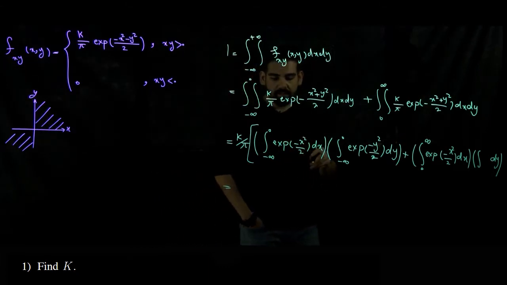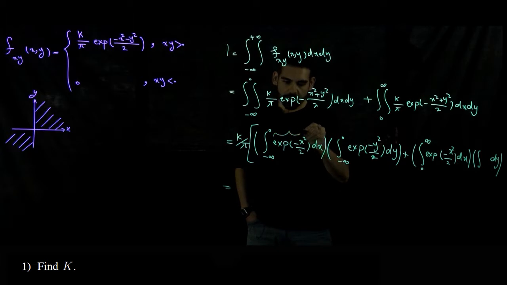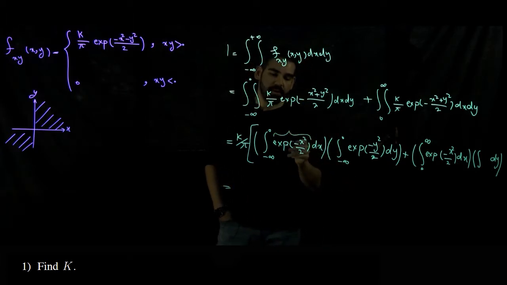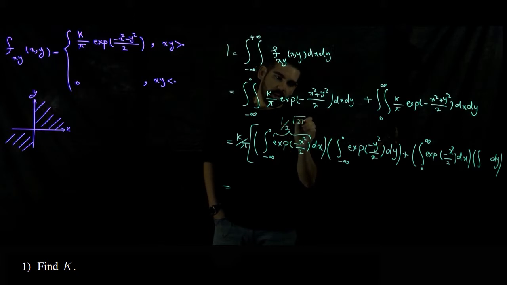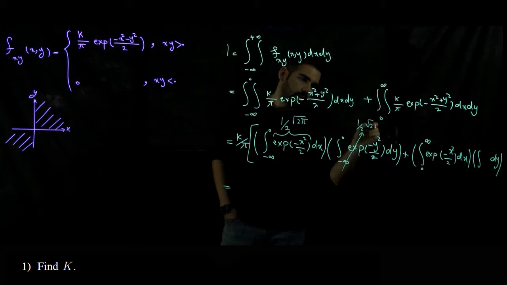To calculate this, note that this term here is a scaled standard Gaussian PDF, and it's integrated over half the axis. So from the Q function, we know that this equals 1 over 2 radical 2 pi. Similarly, this is the same, 1 over 2 radical 2 pi.